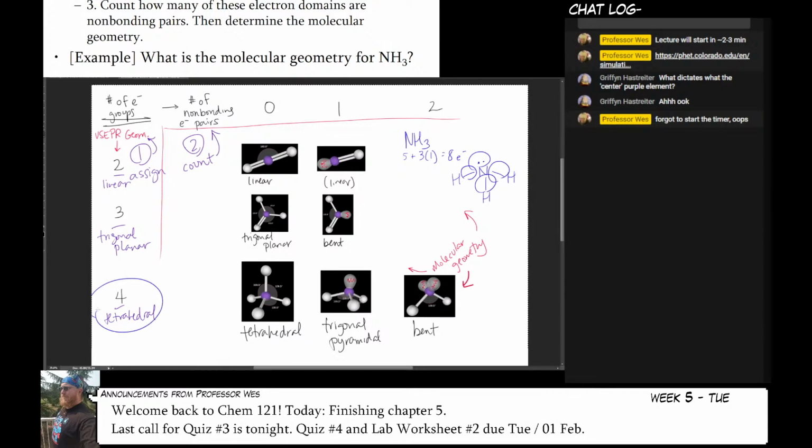So our VSEPR shape for ammonia is tetrahedral. Of those 4 groups that we circled, how many of them are electron pairs? 1. So that means we're this one. And so the molecular geometry is trigonal pyramidal.